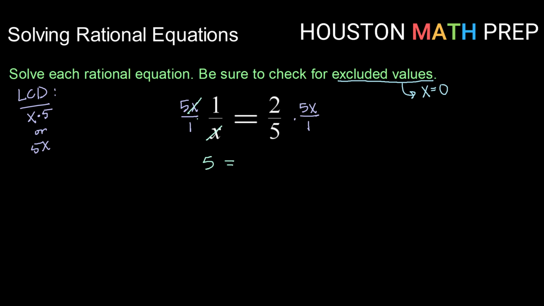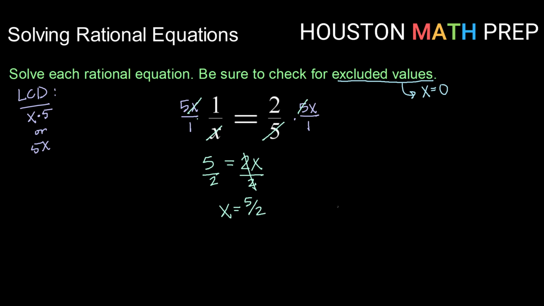On my right-hand side, I have a factor of 5 in the numerator and in the denominator, so that leaves me with 2 times x over 1, or just 2x. So after multiplying by our least common denominator, we now just have a linear equation that we can solve. So solving here, we'll divide both sides by 2 and get that our solution is x equals 5 over 2.